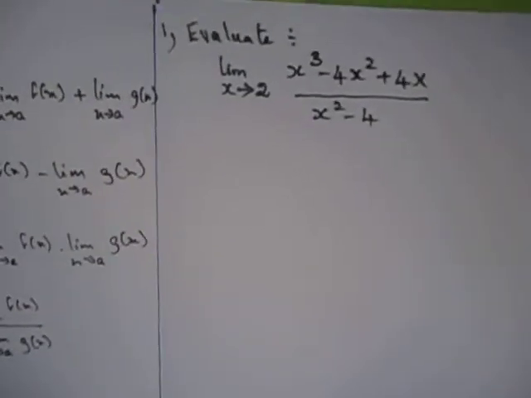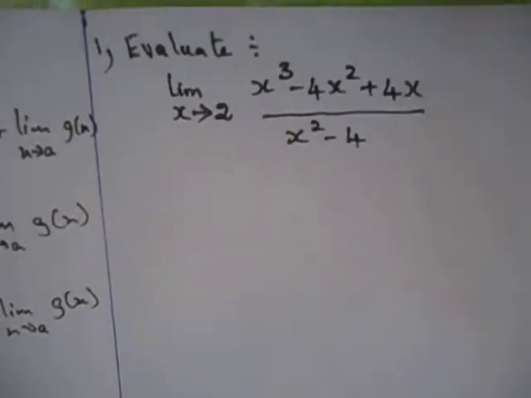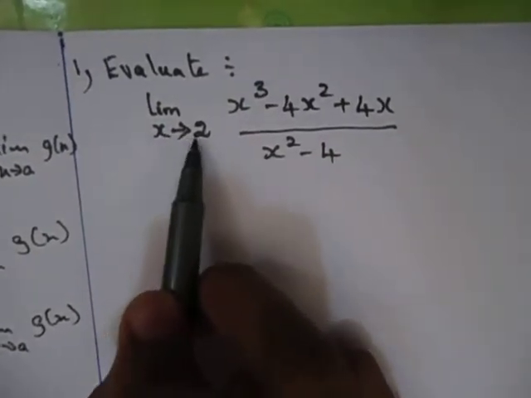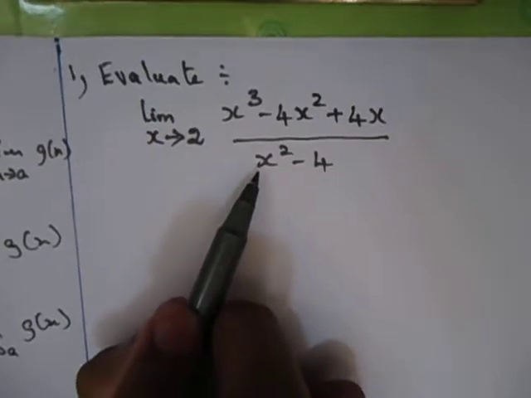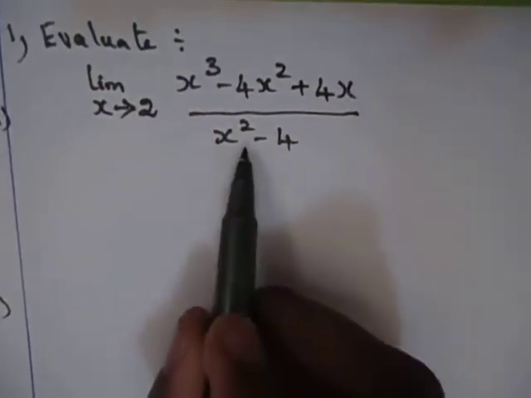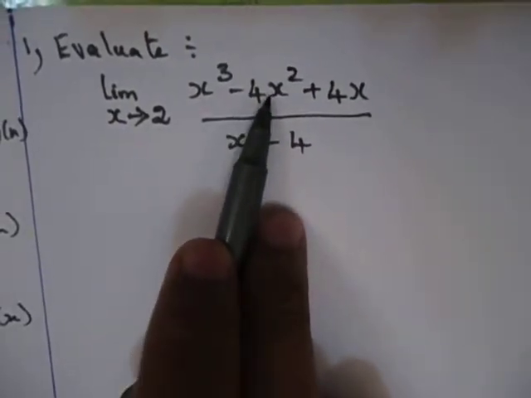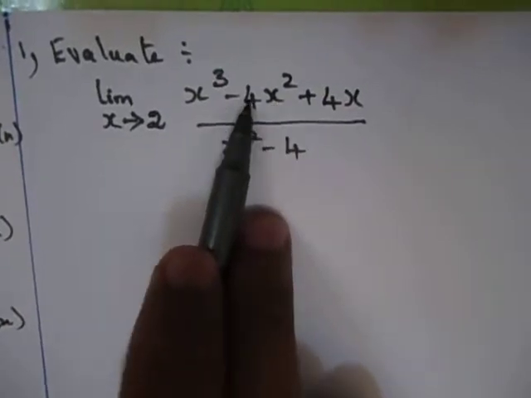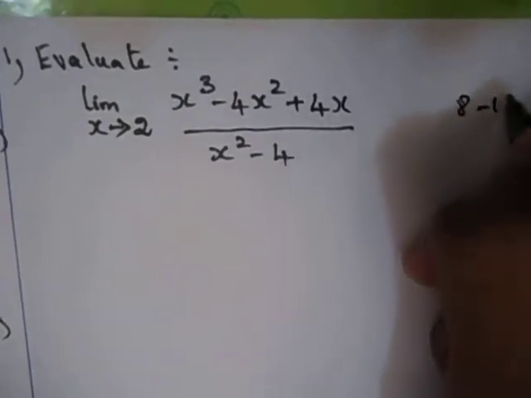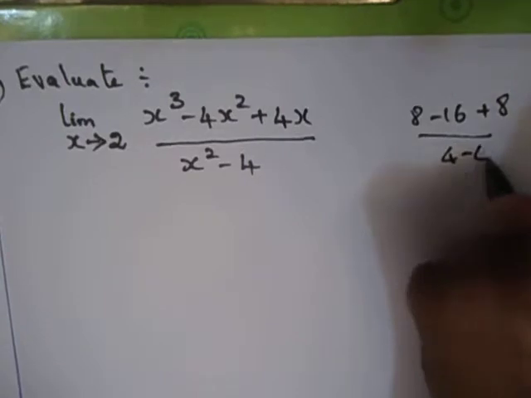So let's take a look at the problems. So there is this method called factorization method, which we will use in this problem. So here, if we see, when we substitute 2, in the denominator we get 4 minus 4, that's 0, and in numerator we get 8 minus 4 into 2 squared, which is 4, so 4 into 4 is 16. 8 minus 16 plus 4 twos are 8, by 4 minus 4.